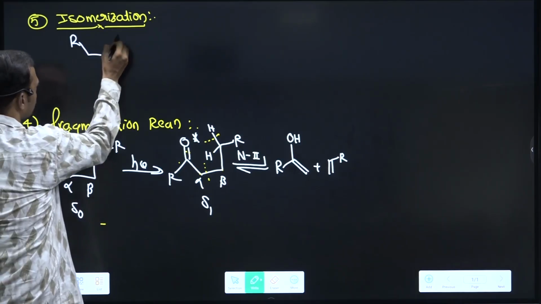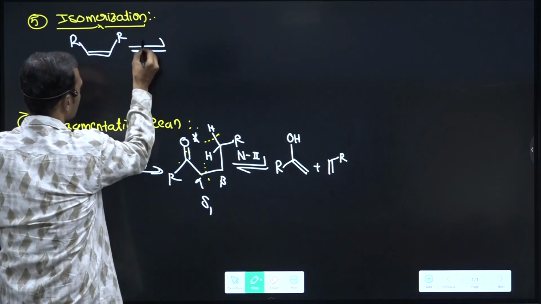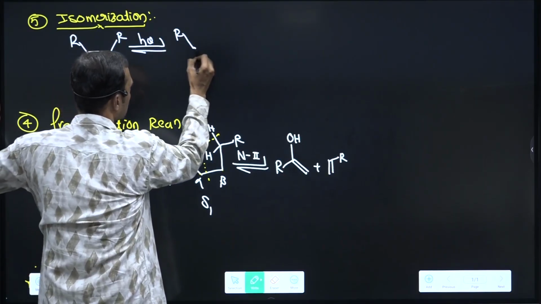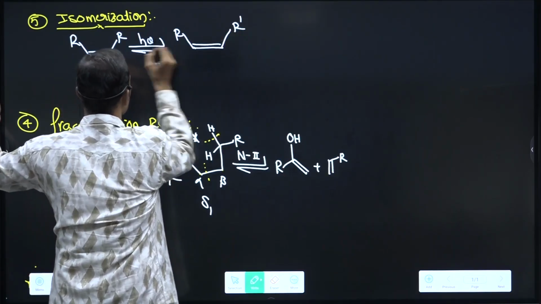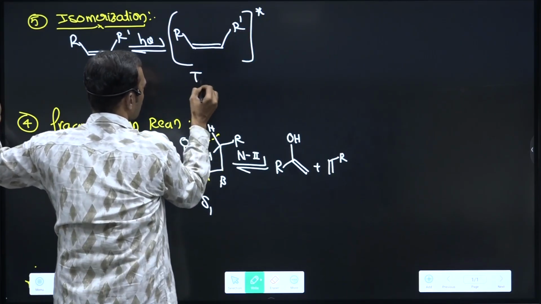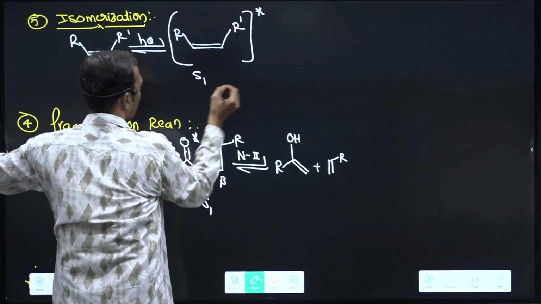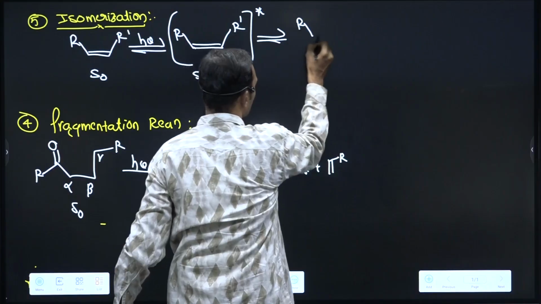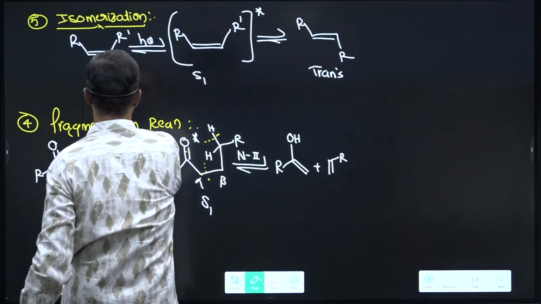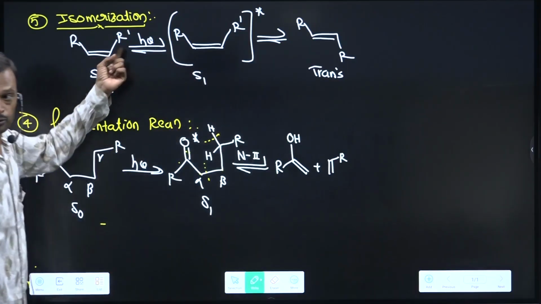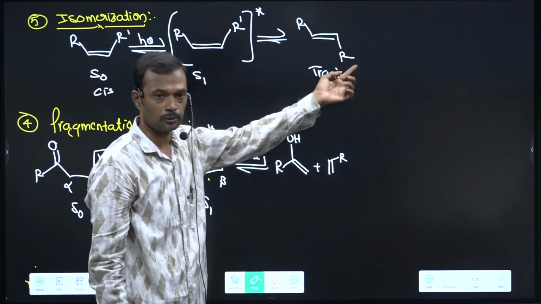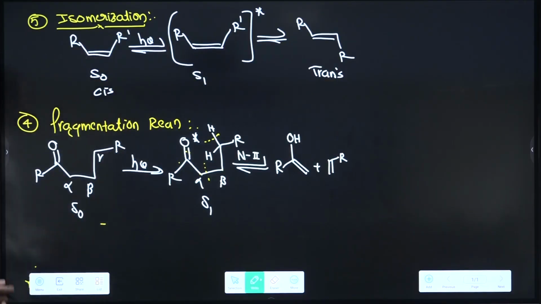Isomerization means this activated S1 state is responsible to give this. So this is a trans isomer and this is a cis isomer. Initially I took the cis isomer, photochemically activated, I got a transition state. The activated molecule will give the trans isomer. Cis-trans isomerism is possible photochemically.